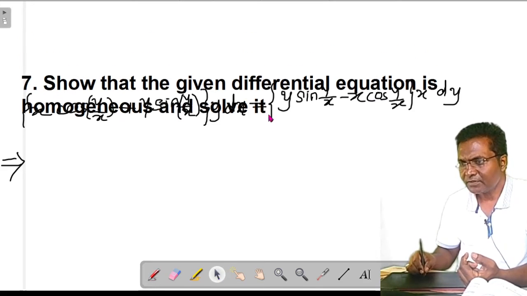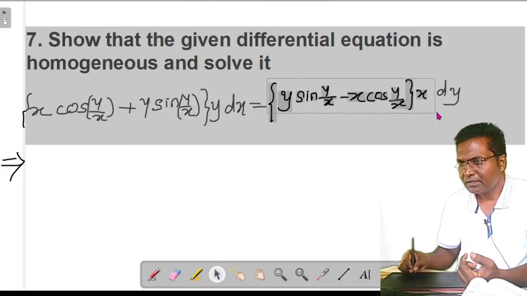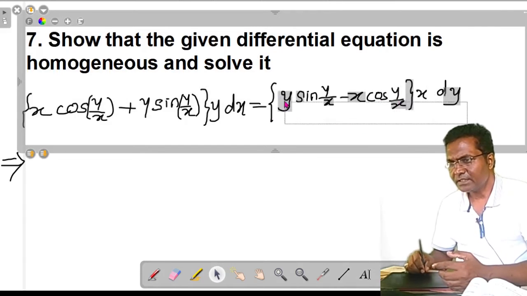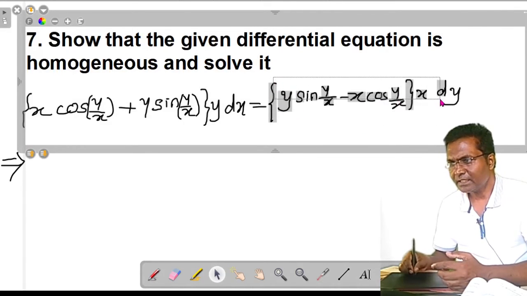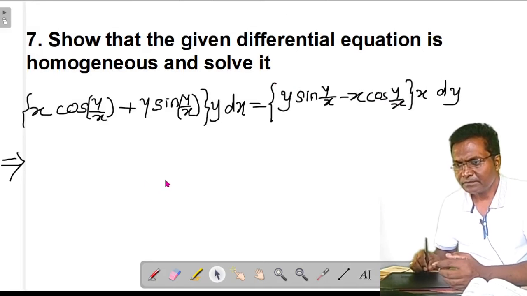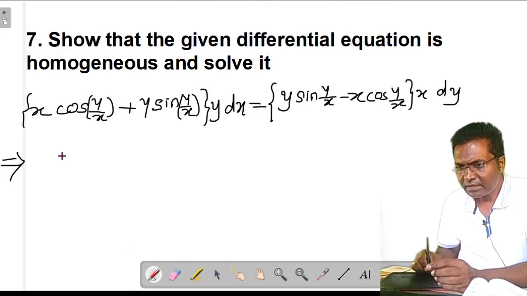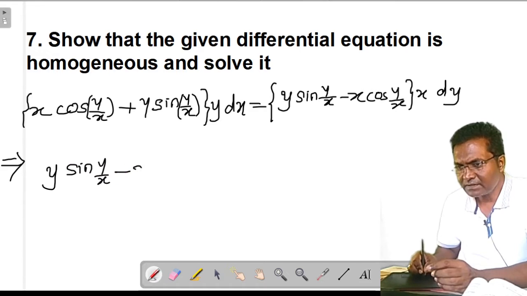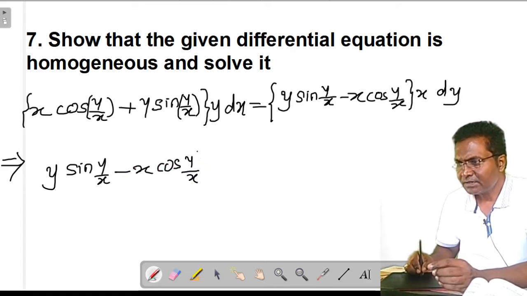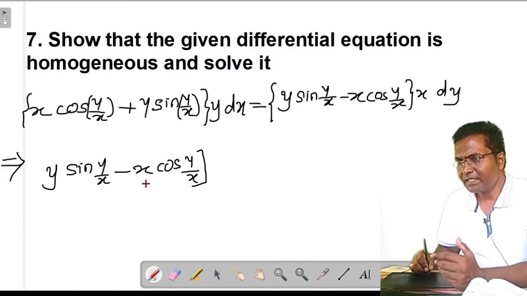So I can write this term first. y sin y by x minus x cos y by x, or one can write directly.